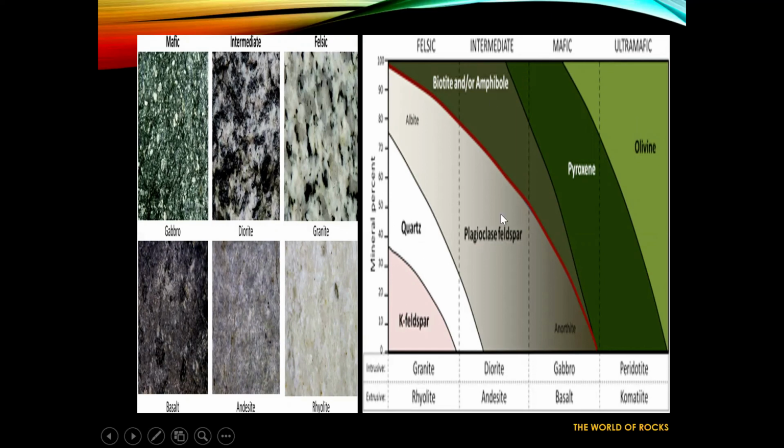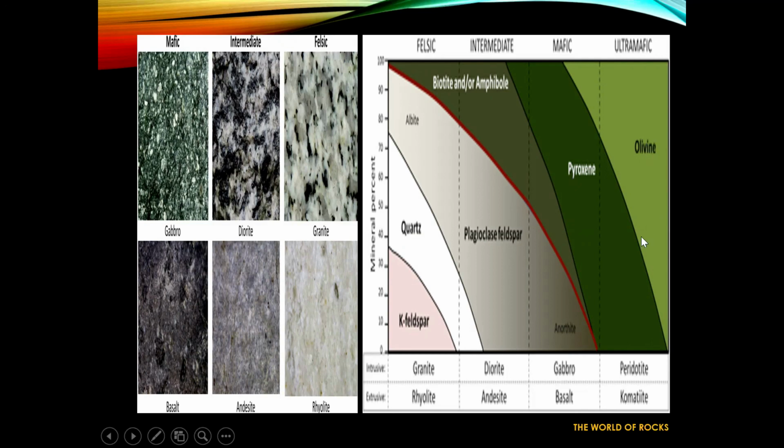In intermediate igneous rocks, plagioclase feldspar dominates and equal amounts of light and dark colored minerals are present. In mafic igneous rocks, dark colored minerals are more abundant. Examples are gabbro and basalt. And the fourth one, ultramafic igneous rocks, have a greater amount of olivine. Silica percentage is very low, less than 45 percent.